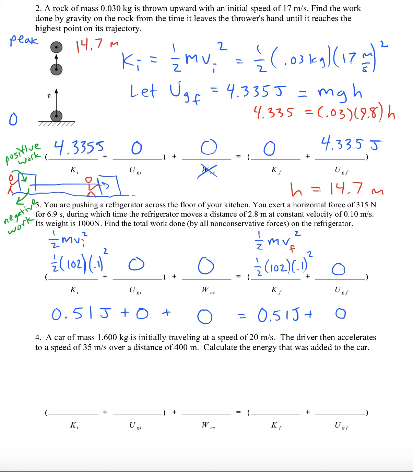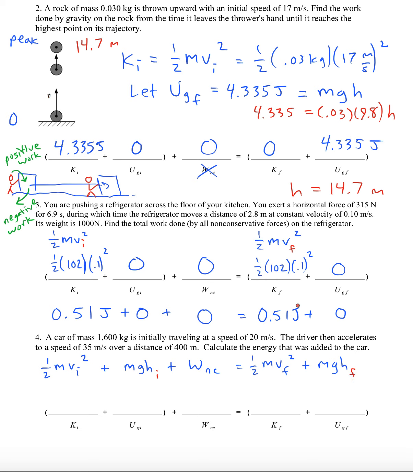Okay, so let's put down the formulas. 1/2 m v_i squared plus mgh plus work equals 1/2 m v final squared plus mgh, and keep in mind that's the initial height of the car.